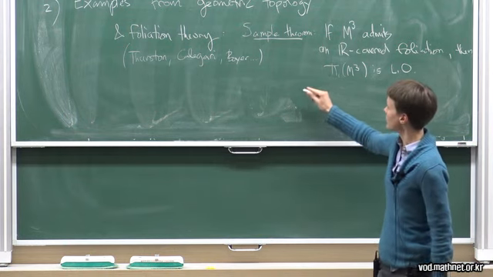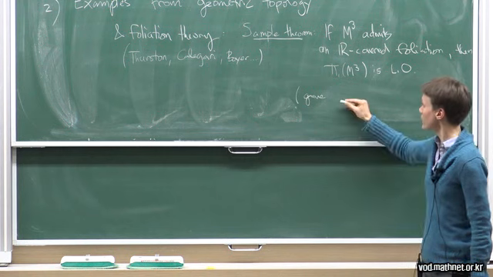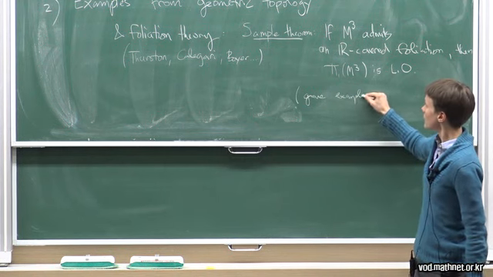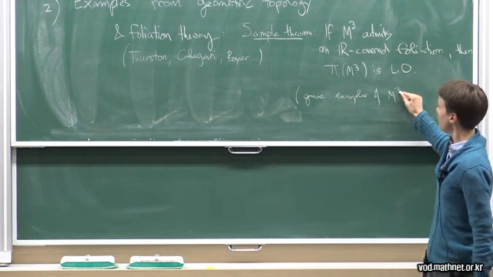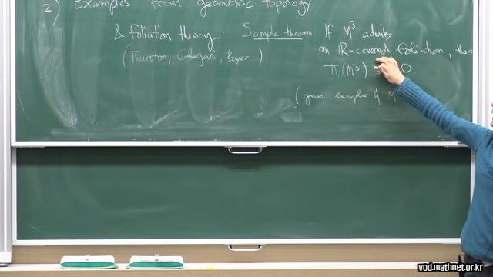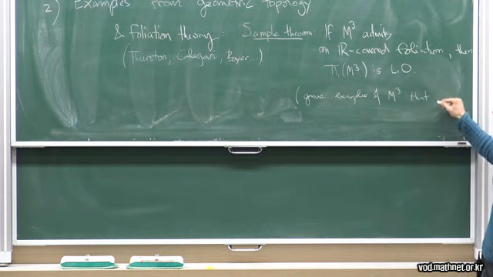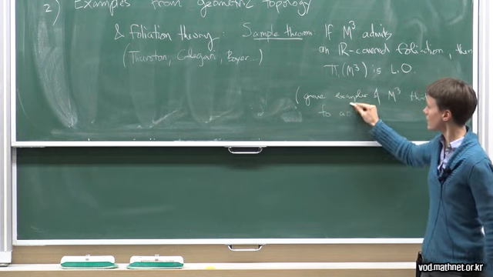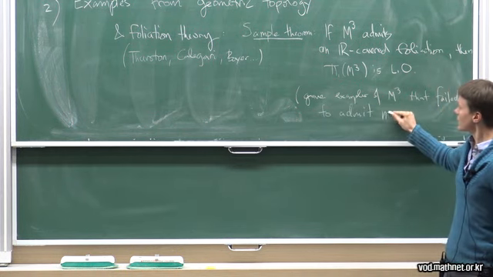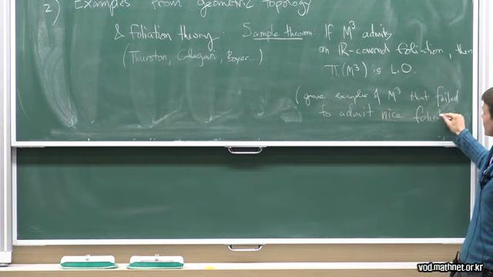And the consequence of this gave some of the first examples of simple 3-manifolds that failed to admit foliations of this type. Failed to admit particularly nice foliations.